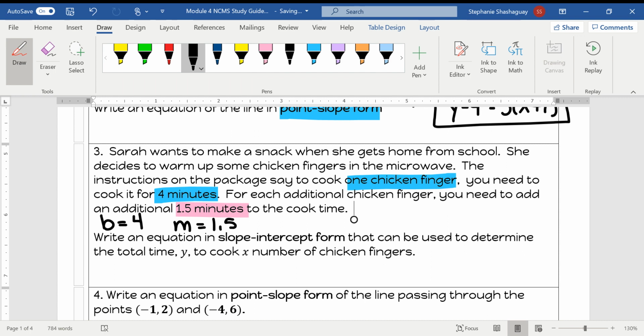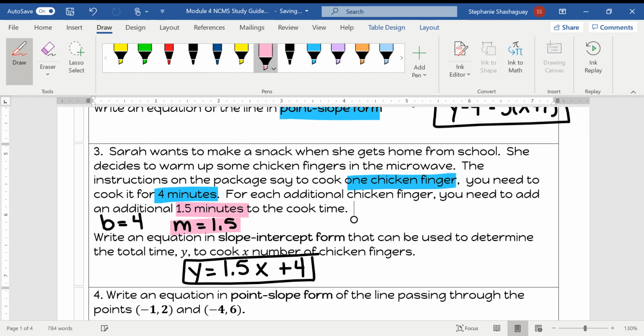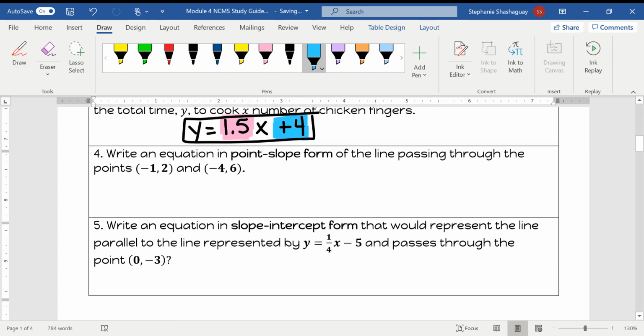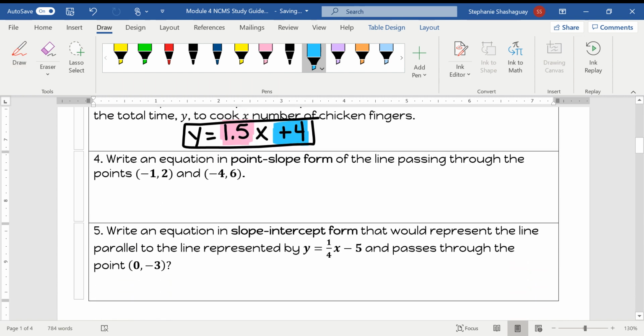So now to write this in an equation, it would be y is equal to 1.5x plus 4. And it's that simple. The 1.5 is because that's how much I'm adding for each additional chicken finger. The 4 is my y-intercept, so that's my initial value, or my constant in the equation.